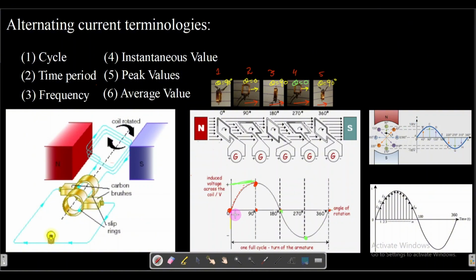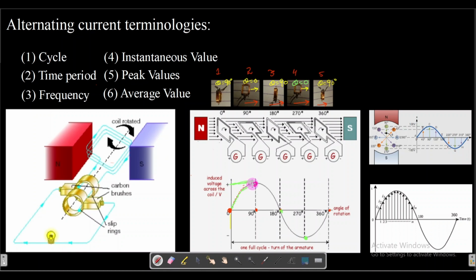Here, per degree change in rotation of this coil will induce an EMF, and that induced EMF is increasing per degree. From 0 to 90 degrees, with each degree the EMF will increase, and if we plot the data points for each degree, there will be about 90 data points.